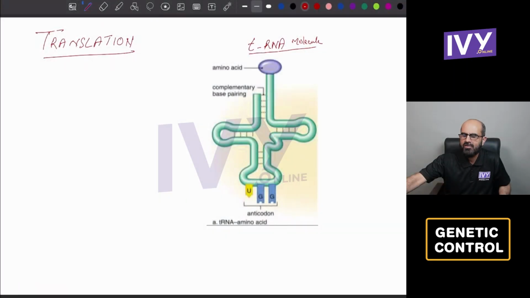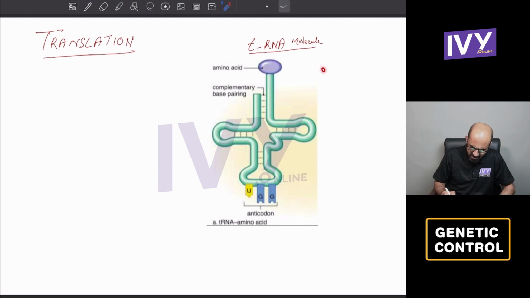Let's talk about the structure of tRNA and some important aspects of transfer RNA. What kind of structures do we have in the transfer RNA? You can see the molecule of tRNA over here. This is the overall tRNA structure, and although it's a single-stranded structure, it makes loops, and inside the loops we have specific base pairing like the DNA molecule.